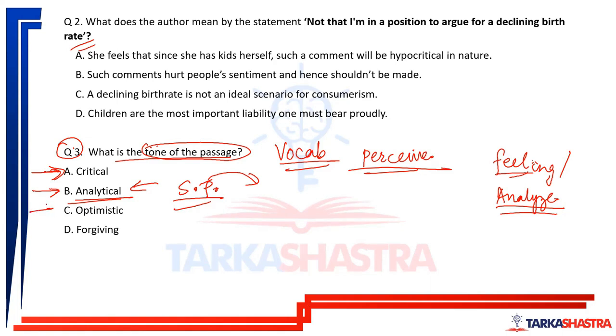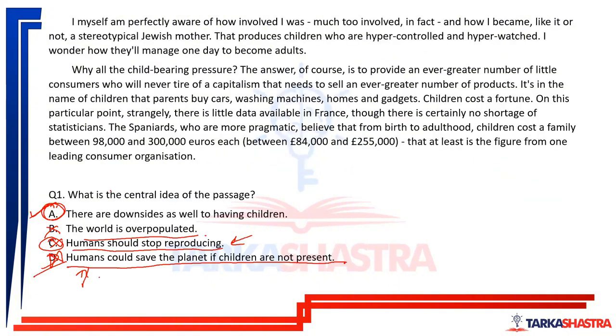Is she speaking optimistically about things? She doesn't seem particularly optimistic. It doesn't feel like the author is very optimistic or very hopeful about the future. In fact, she's saying that there are a lot of problems in our future. There is a problem with the environment, a problem with consumerism, right? So this is very important.